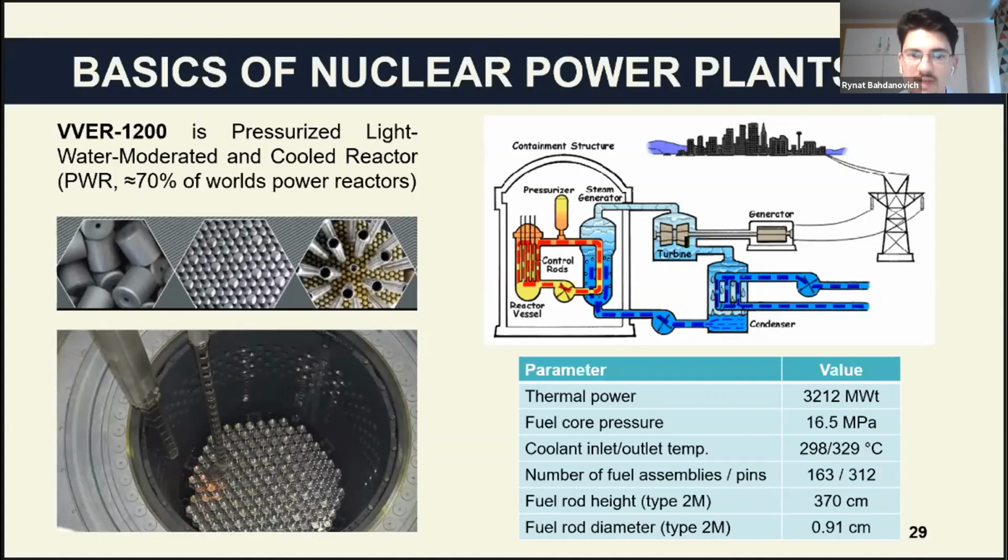After the turbine, steam is condensed in the condenser and comes back to the steam generator, and it goes in a cycle. So this is very typical of fossil fuel plants. But the amount of energy released is much higher.